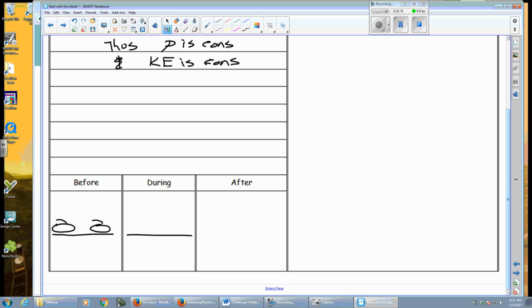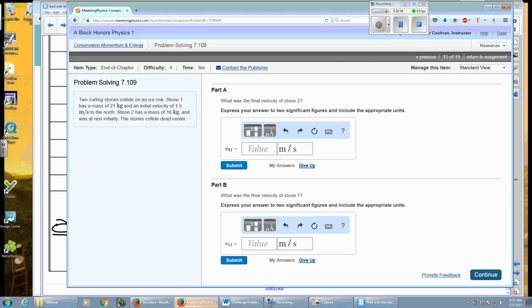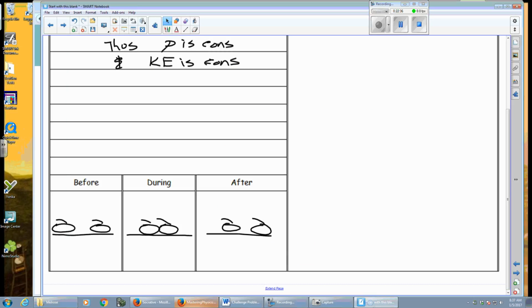When we look at this stuff in 2 dimensions very soon, I'll include some curling videos. How do they label? 1 and 2? Stone 1, stone 2.